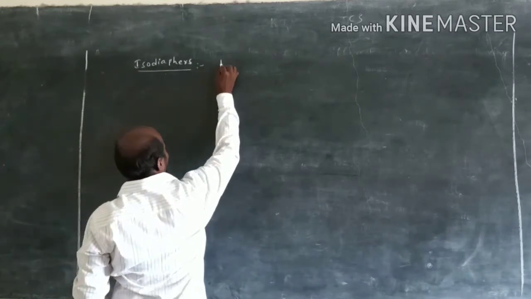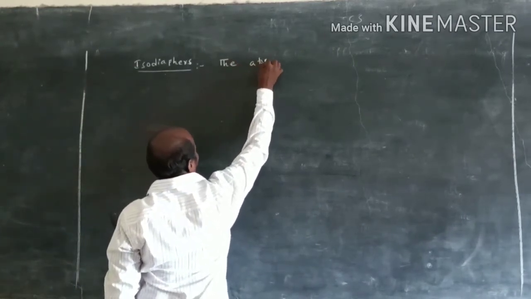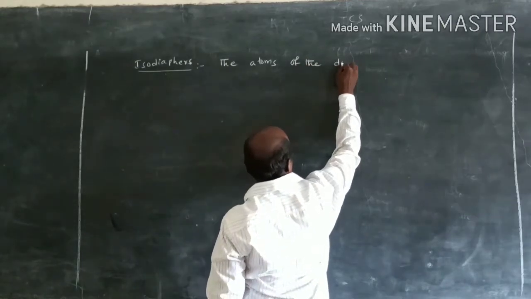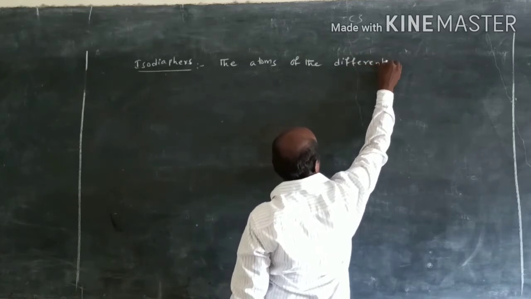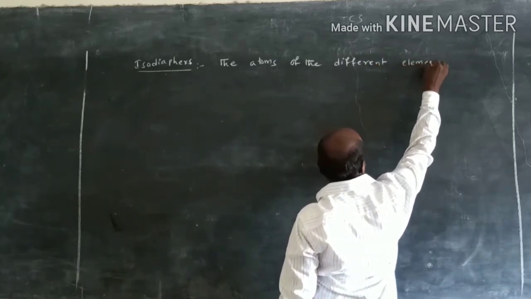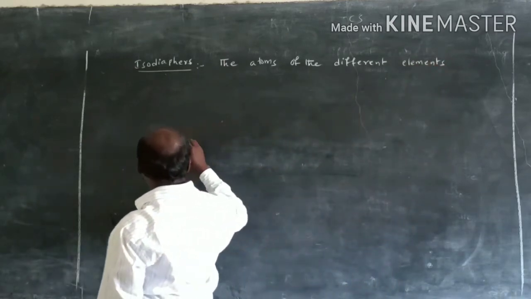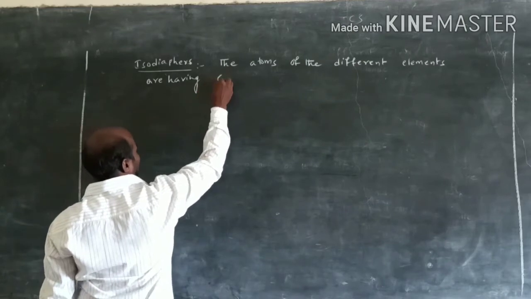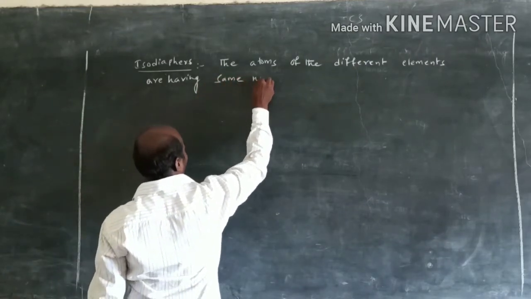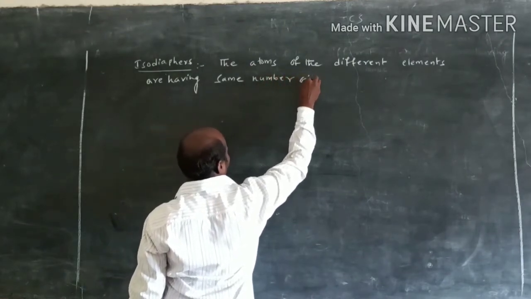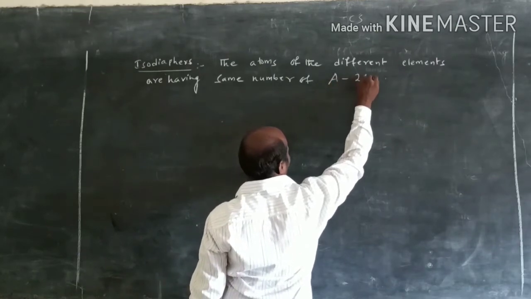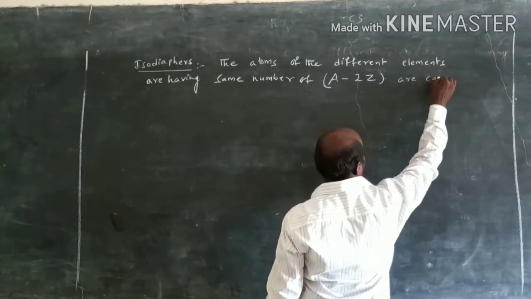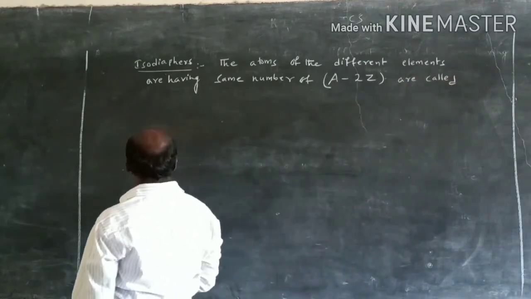The atoms of different elements having the same number of A minus 2Z are called isodiaphers.